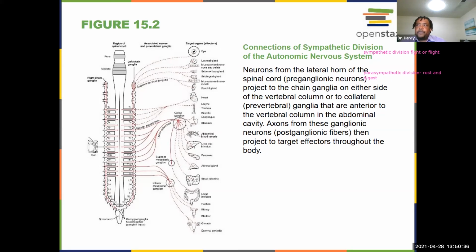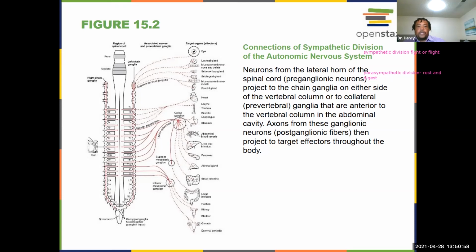So you're going to have basically projections to different chains of ganglia on either side of your vertebrae, depending on the side that you're on, or to the anterior vertebral columns of the abdominal cavity.